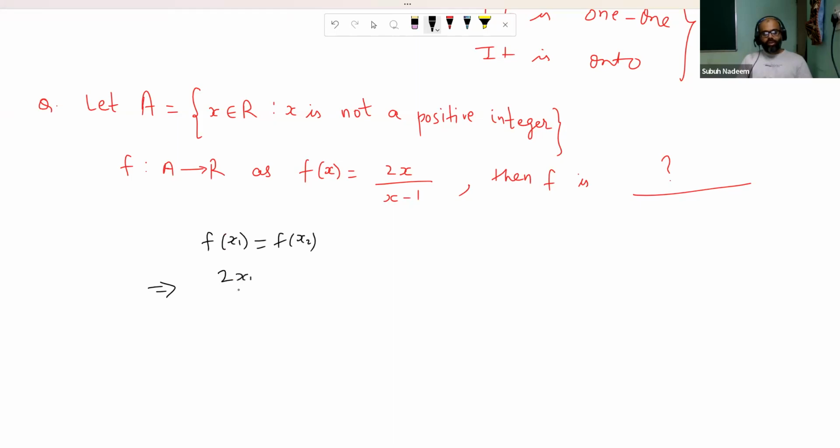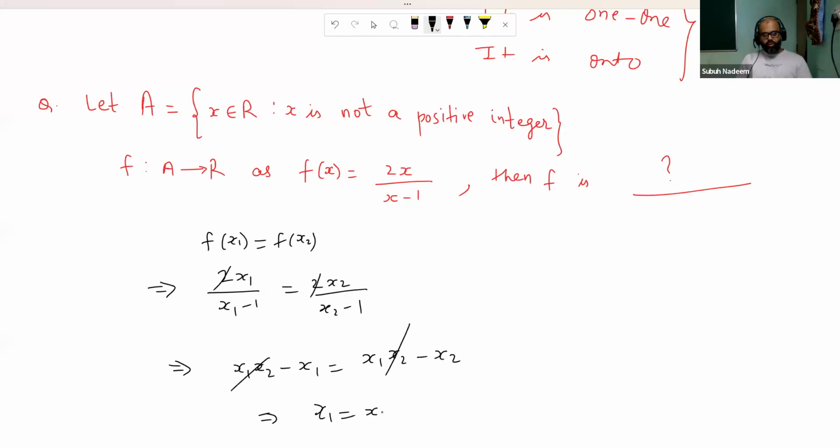So it will be 2x1 by x1 minus 1 and 2x2 by x2 minus 1, and 2 will cancel. Then cross multiply. So it will be x1x2 minus x1 is equal to x1x2 minus x2. So this will cancel and you will get x1 is equal to x2. So yes, it is 1-1, right? It is 1-1.